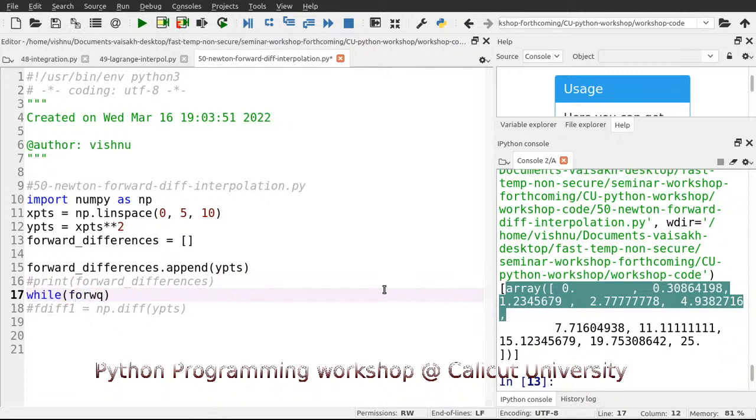While, okay, let me copy paste. The last one. That's a dynamic thing because every time we are appending it. Length of this minus 1. So while the last one has more than one element, length is greater than 1, what should we do?